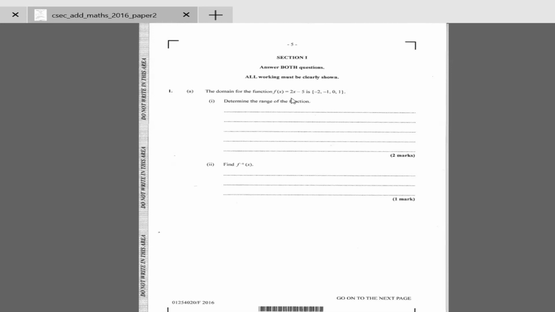It says the domain of the function f of x, which is 2x minus 5, is minus 2, minus 1, 0, and 1. And it says determine the range of the function. The range are just the corresponding y values, all right? So we need to find the lowest y value and the highest y value that will satisfy this function for this particular domain.